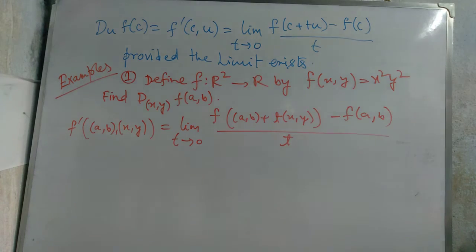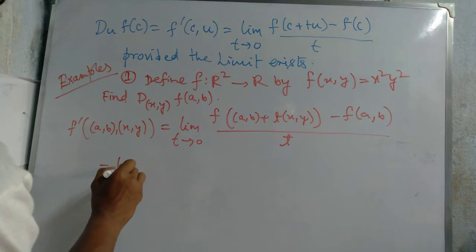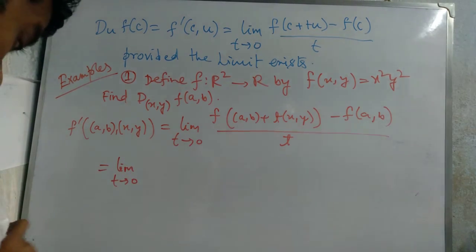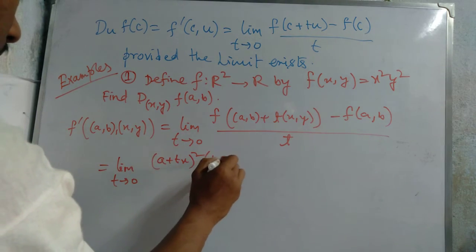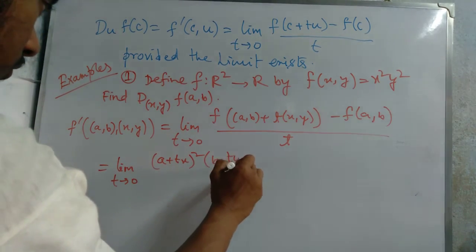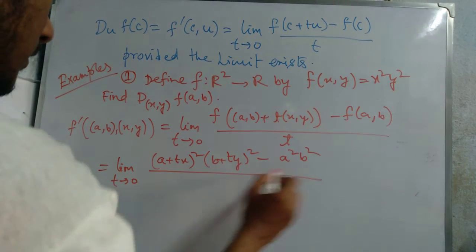This equals limit t tending to 0 of ((a plus tx) whole square (b plus ty) whole square minus a square b square) divided by t.